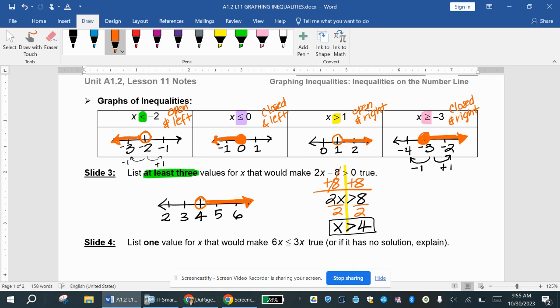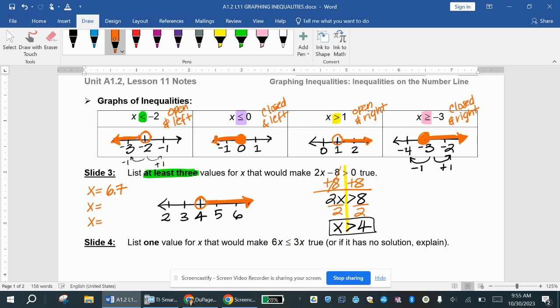Think of 3 values of x that are greater than 4, and write them down. They cannot equal 4 because it doesn't have the or equal to. For example, 6.7 could have been an answer, right? That's a number bigger than 4.